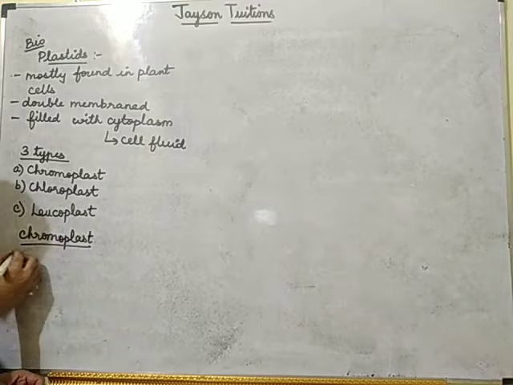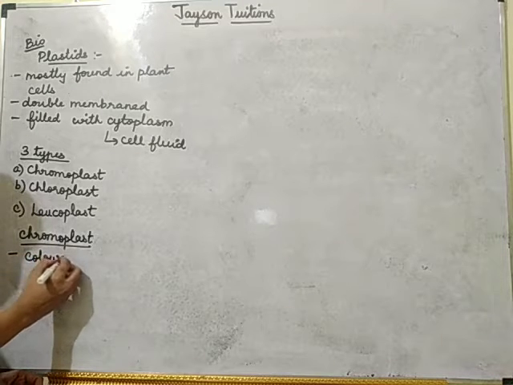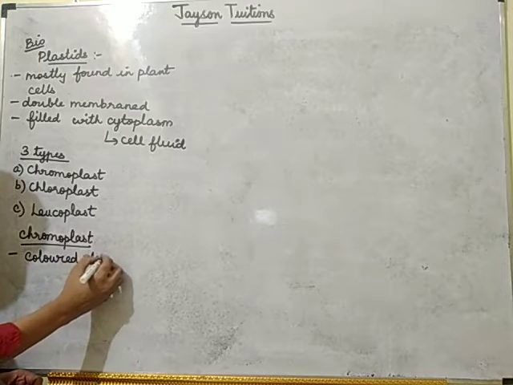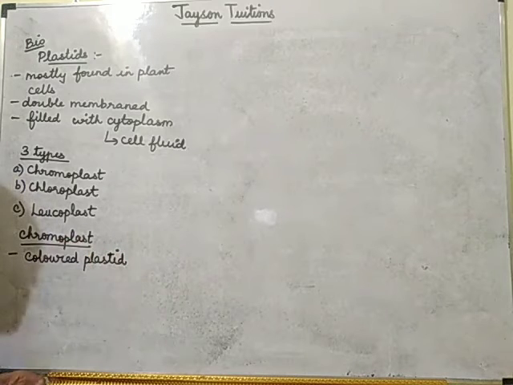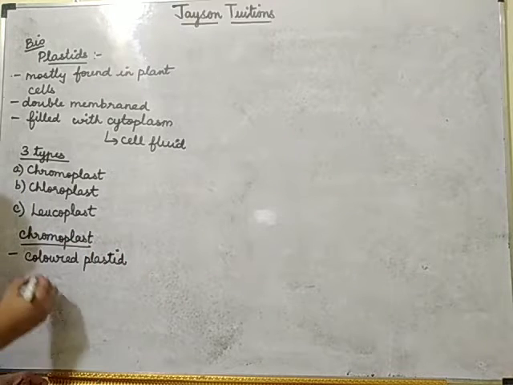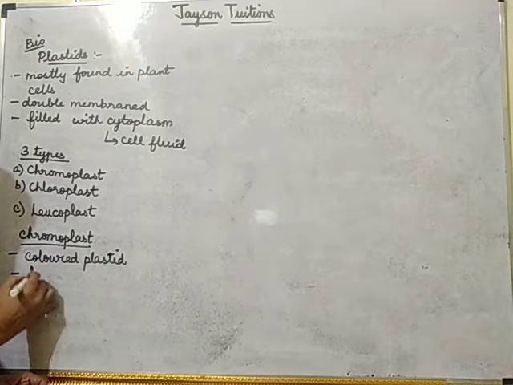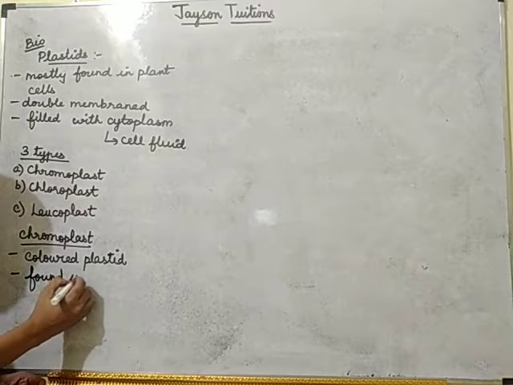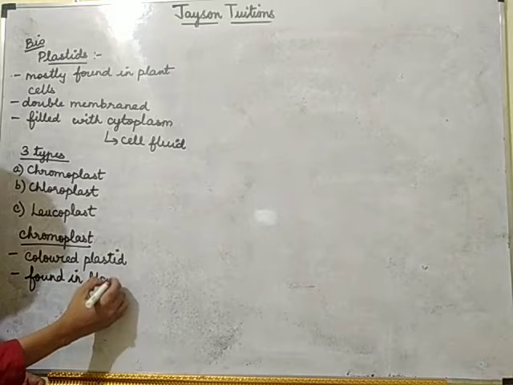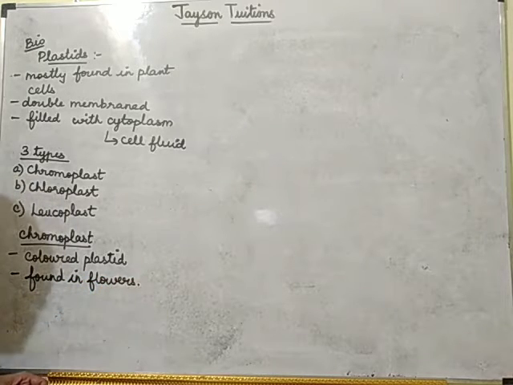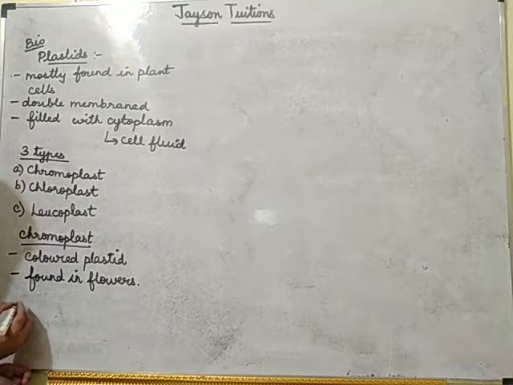Chromoplast is nothing but a colored plastid. The plastid which is colored is called chromoplast. Since it is colored, where is it found? It is found in the flowers of the plants.